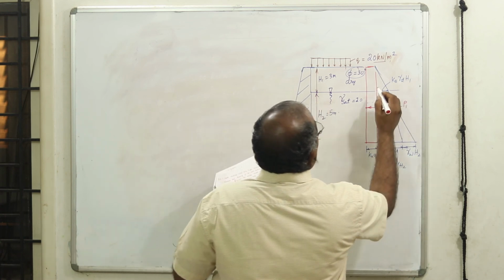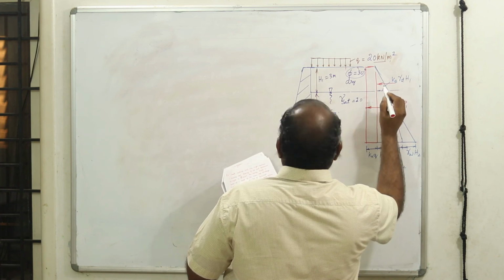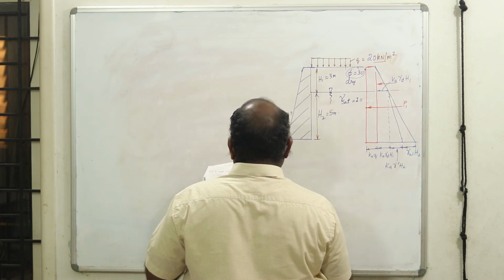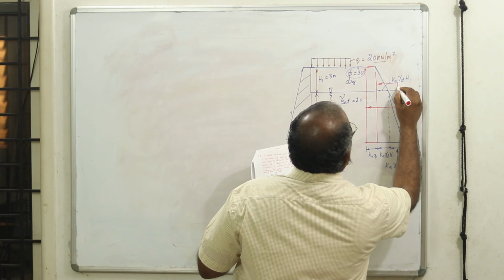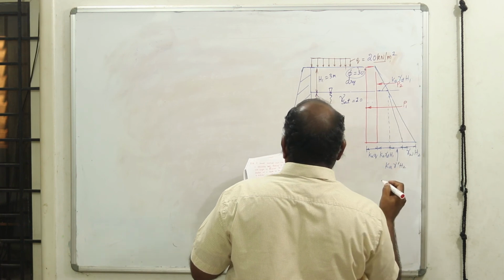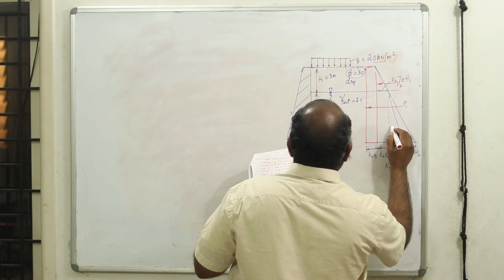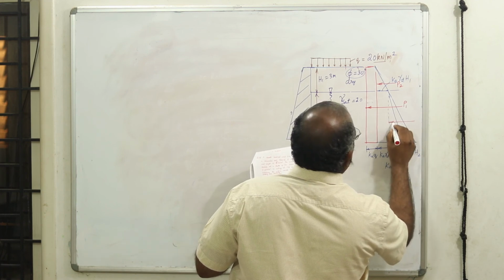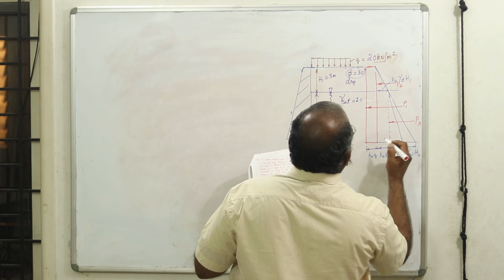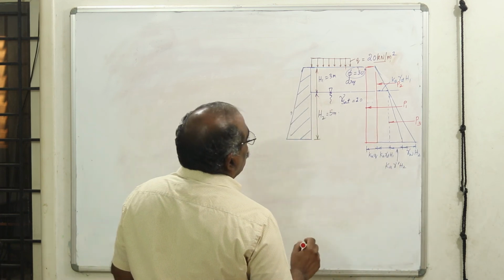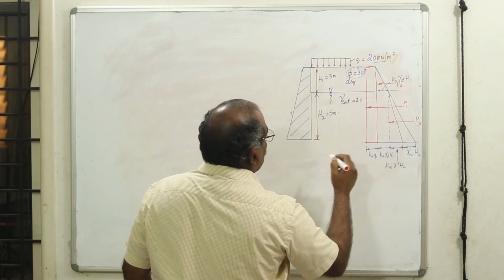Then let us call this as P2. Then for this triangle P3, one can find out the individual values.